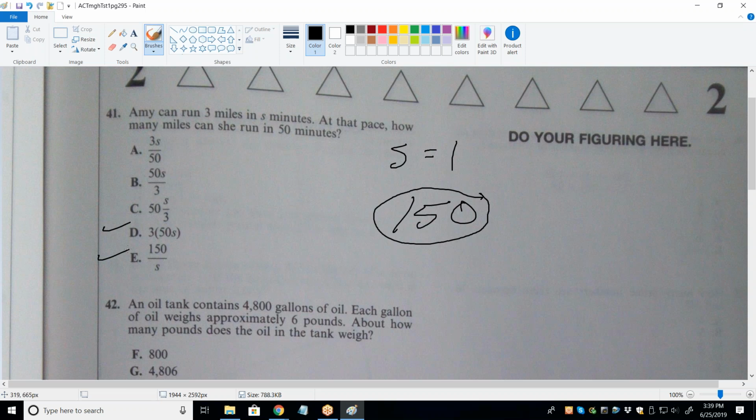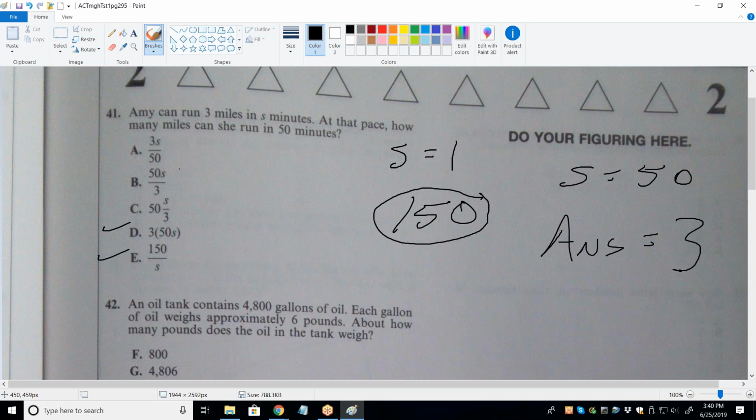About 50. Because we know she can run 3 miles in 50 minutes, how many miles can she run in 50 minutes? We know the answer is 3. So the answer has to be 3 when s is 50.